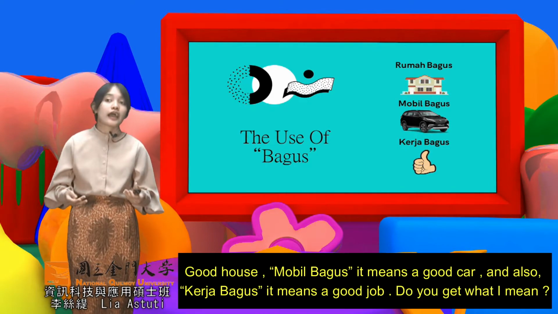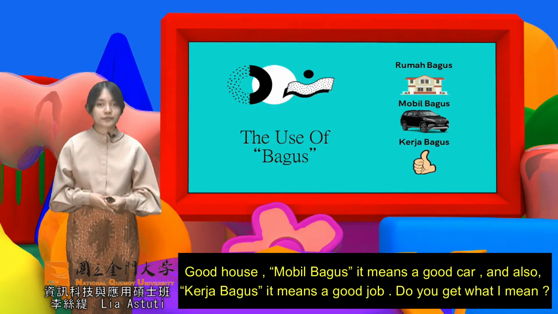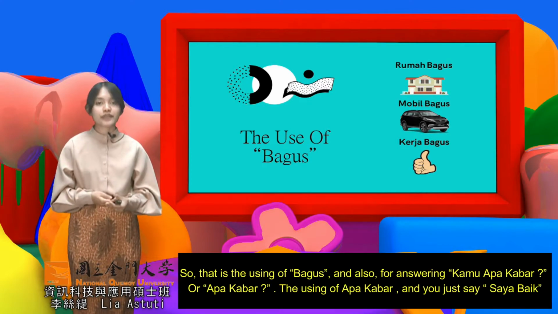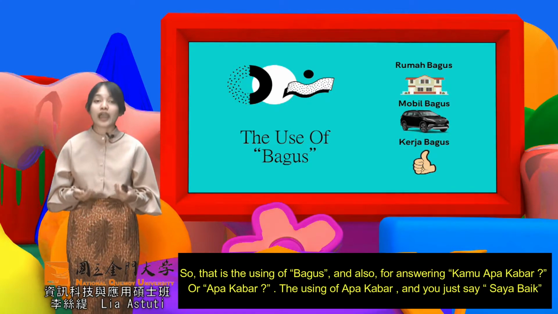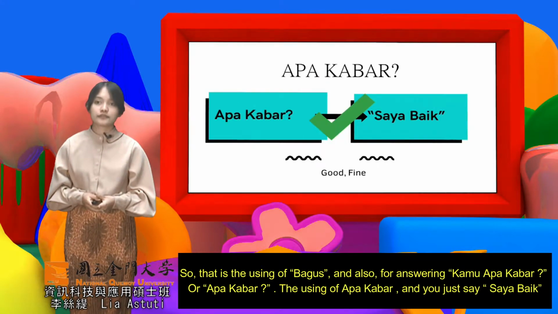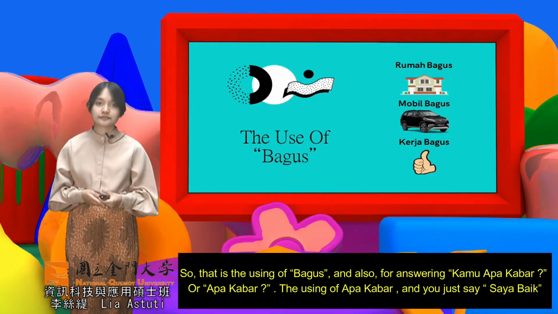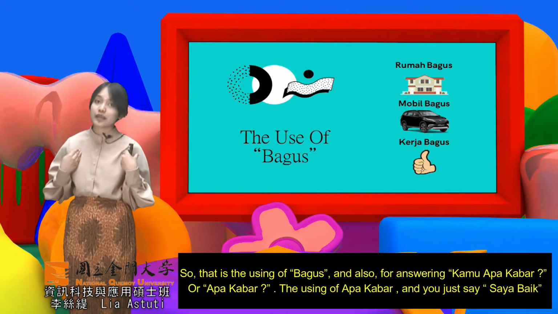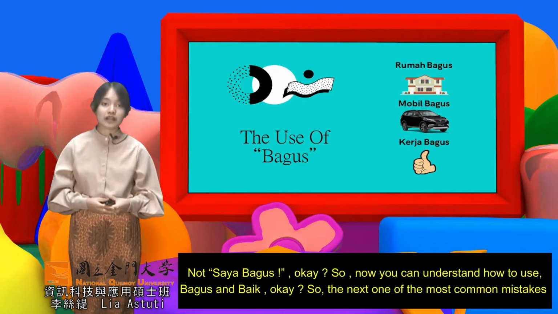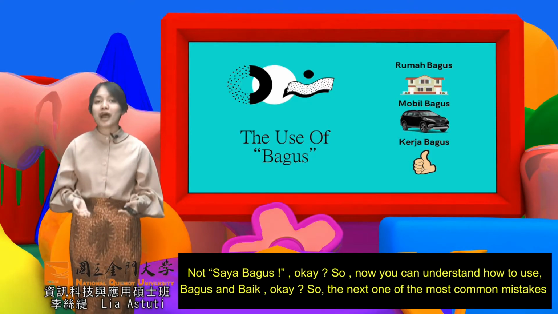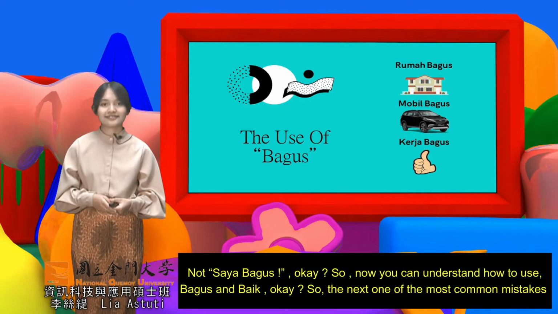And also kerja bagus means a good job. Do you get what I mean? So that is the use of bagus, and also the use of answering apa kabar: you say saya baik, not saya bagus. Okay? So now you can understand how to use bagus and baik.